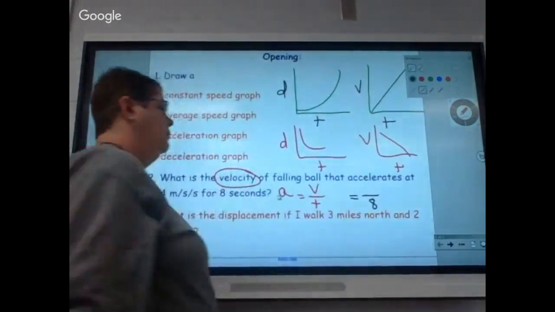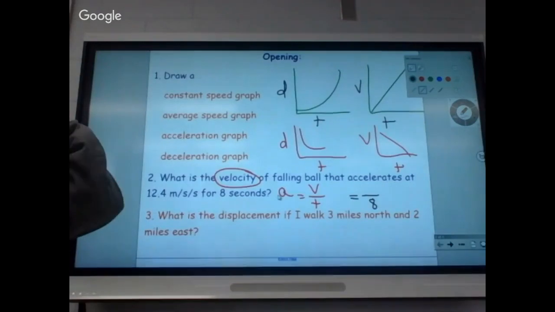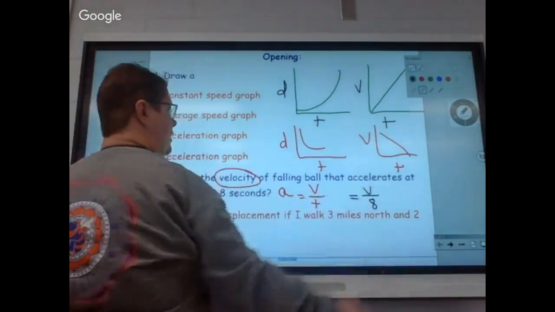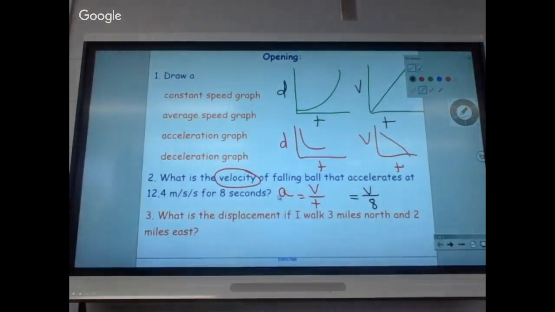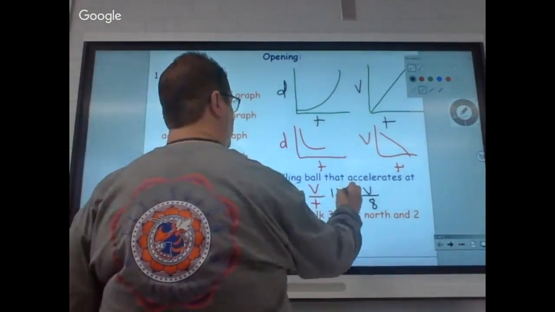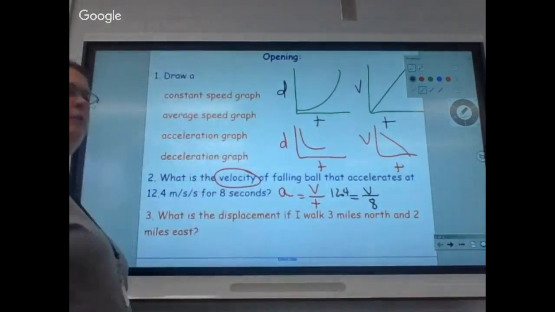What are we solving for? We're solving for velocity. And what's our acceleration? 12.4. So what do we do to solve?